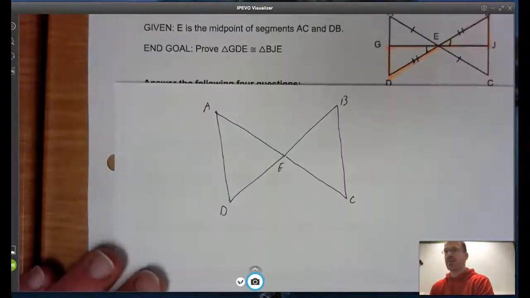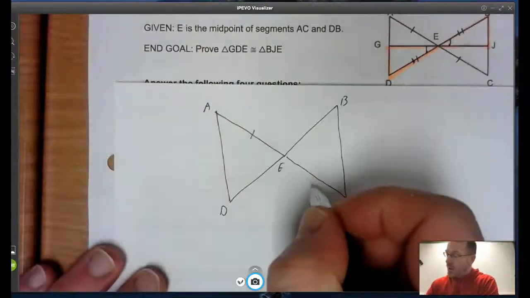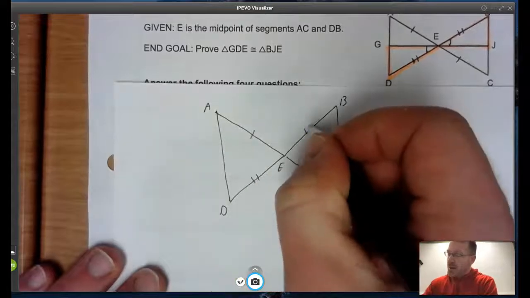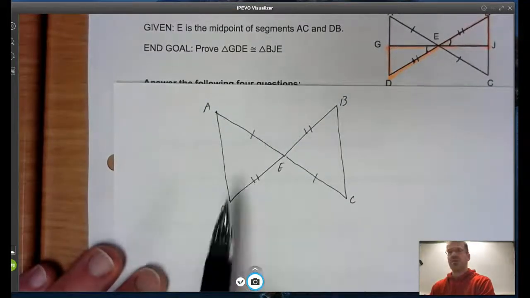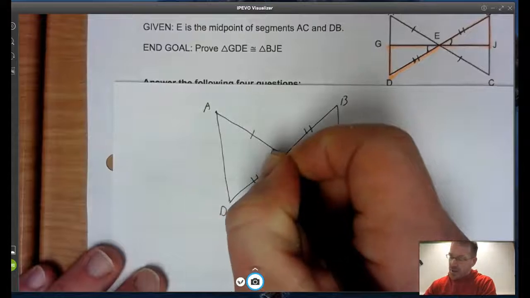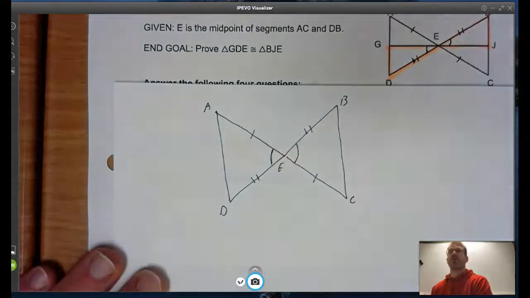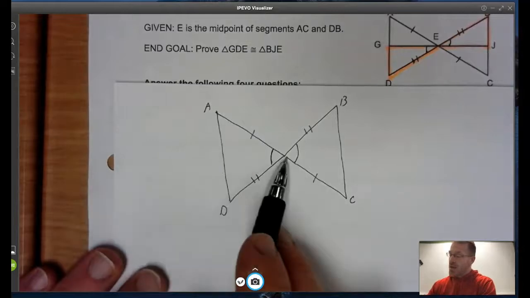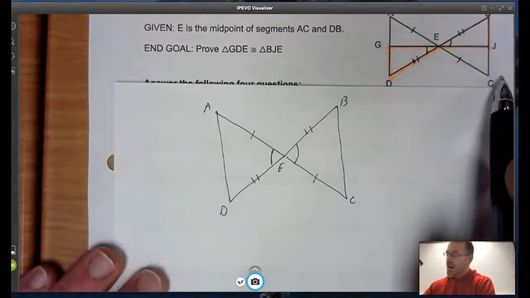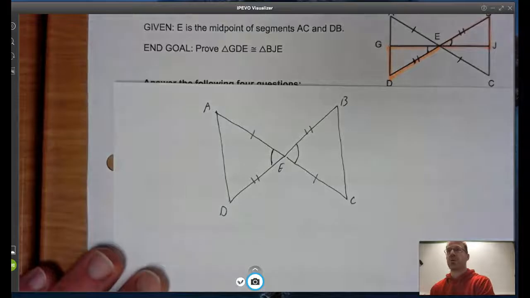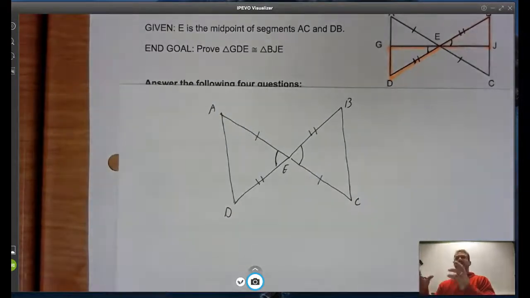Let me move that up so you can see it. And we know we already had these. But now, if I ignore the middle here and just look at these 2 large triangles, I can see that I have a larger pair of vertical angles here, correct? So I can see that I can get these 2 big triangles right here, ADE and CBE, congruent by side, angle, side. And so that's what I mean by going back and forth.